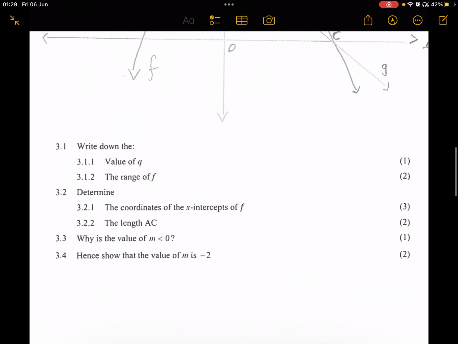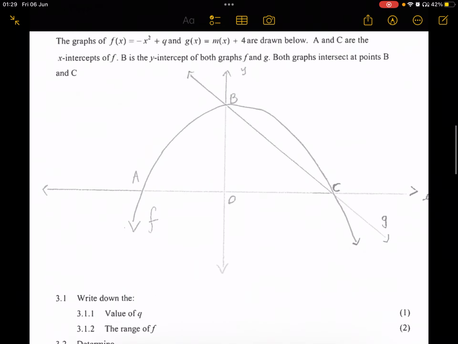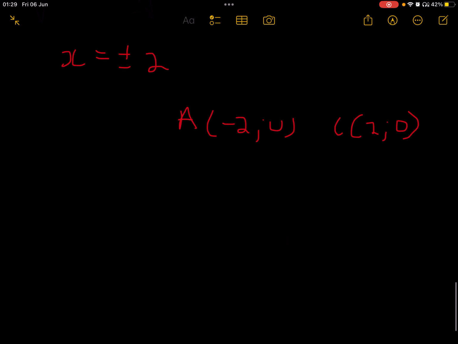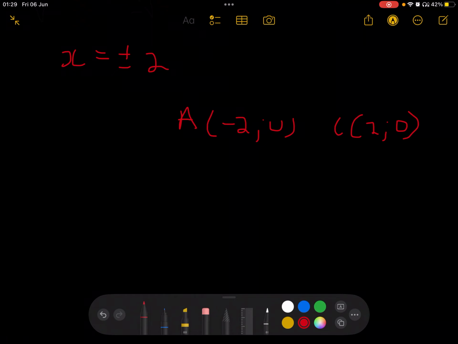3.2.2, calculate the length of AC. Now that we have the 2 points, A and C, we can simply use our analytical geometry to say x1, y1, x2, y2.